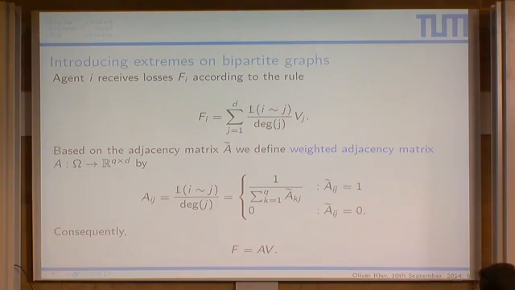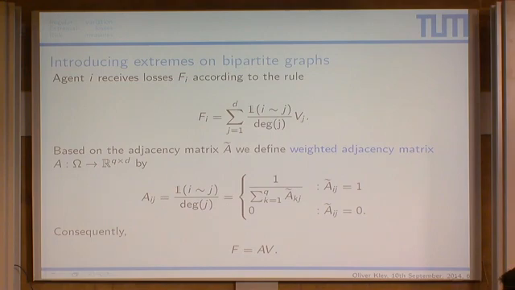So that can also be written in terms of the random matrix A tilde. And we can define, using A tilde, another random matrix A, just by the ij-th component of A being 1 over the column sum of A tilde in case i is connected to j.